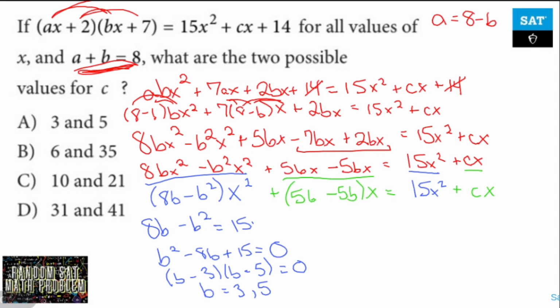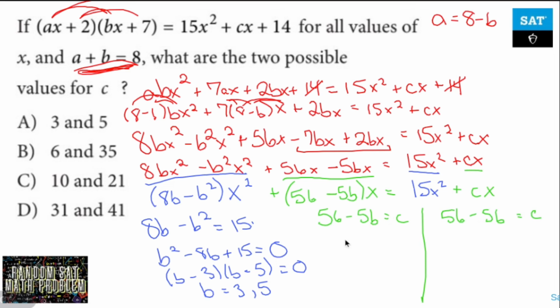Why is that important? Well, I didn't do the green guy yet. I know that 56 minus 5b equals c.